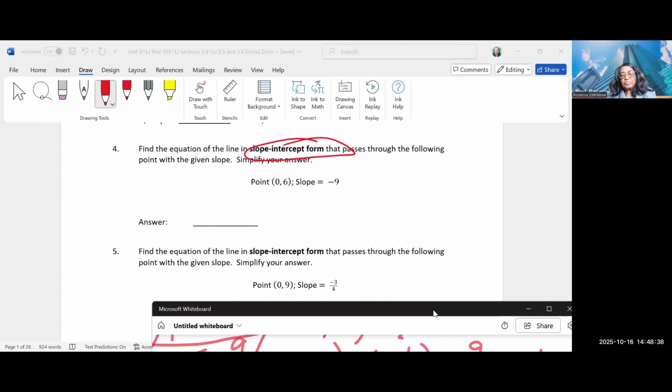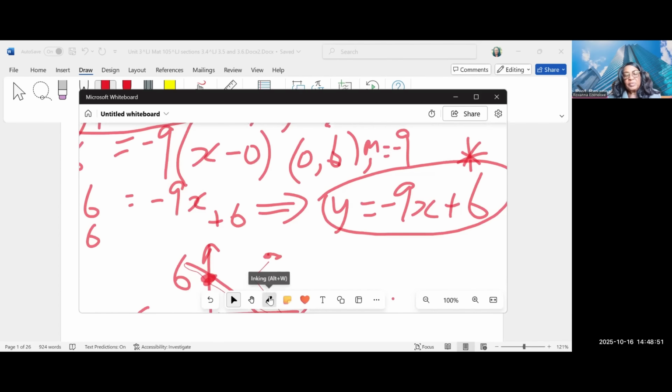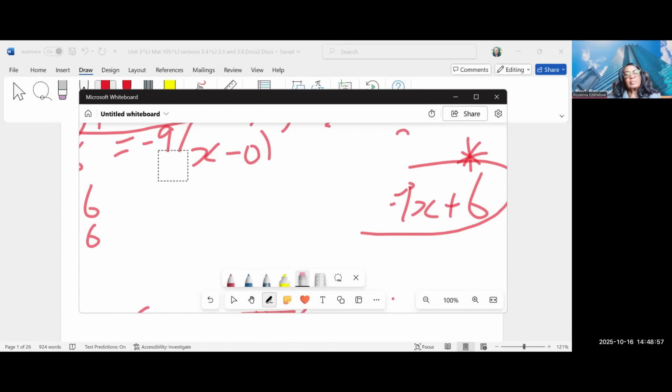So this point is (0, 9), and the slope is negative 3/4. (0, 9) and negative 3/4. So I'm going to tidy up. We're going to sketch the line, but before, we are told to write the equation.